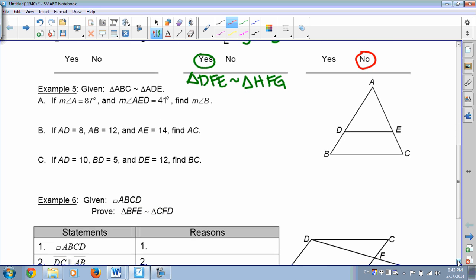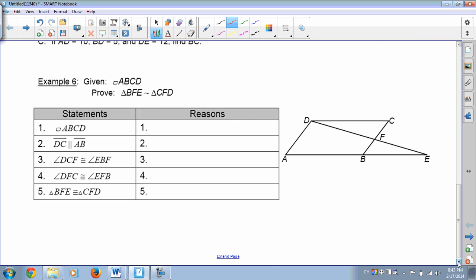We're going to save example 5 for class, and we're going to go ahead and look at the proof right now, example 6. We are given that quadrilateral ABCD is a parallelogram. This symbol right here means parallelogram. So ABCD is a parallelogram, and that is given. So if you look at it, here is ABCD, and it looks like a parallelogram on your paper. Okay.